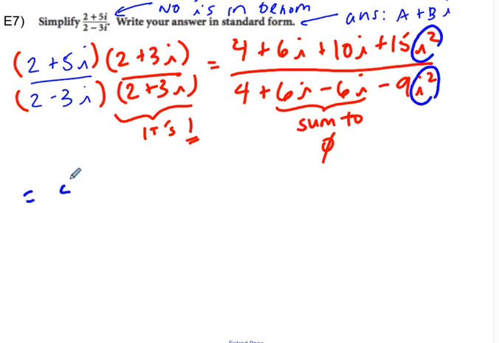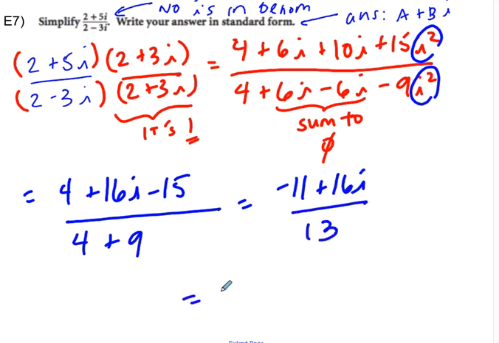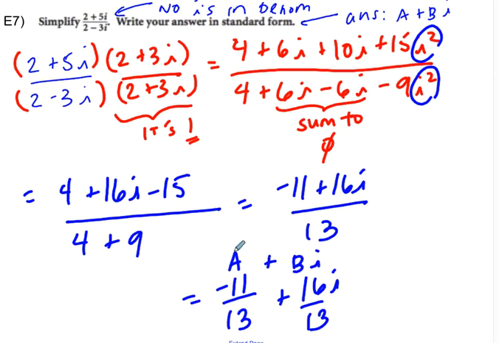So this is a 4 plus 16i minus 15 on top, and on the bottom, I have a 4 plus a 9. So I'm going to get negative 11 plus 16i over 13. To write this in standard form, I need to split it into my real part and my imaginary part. So this is my a plus bi.